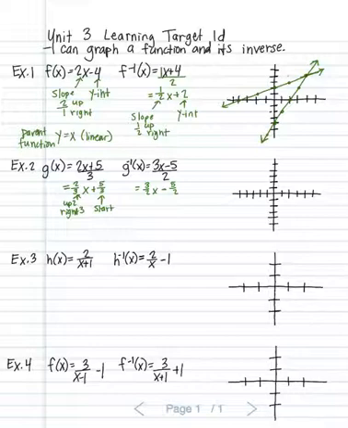So 5 over 3, that's not quite 2, so I'm going to put a dot not quite at 2. If we take this and move up 2 and right 3, it would be about right there. We could also move down 2 and left 3. And then draw your line.